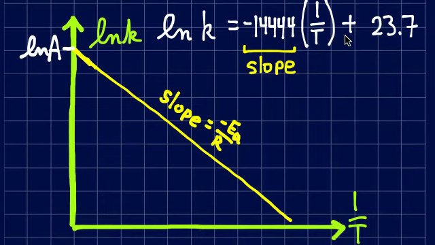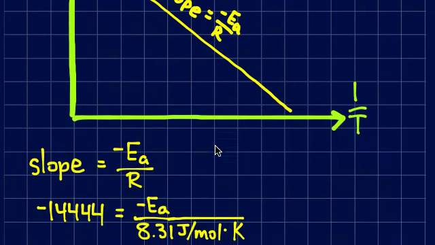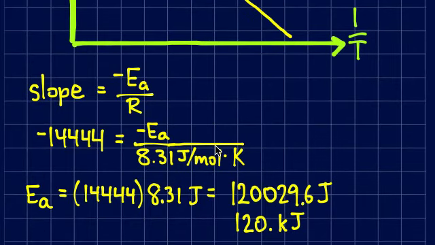In any case, the really important thing is this. The slope of this line of ln k versus 1 over T, I could call an Arrhenius plot. This gives me the slope of the line, which, since I know this constant, lets me find the activation energy. If I take this slope and multiply it times 8.31 joules, I can find the activation energy in joules, but it's usually much more convenient to write it in kilojoules.